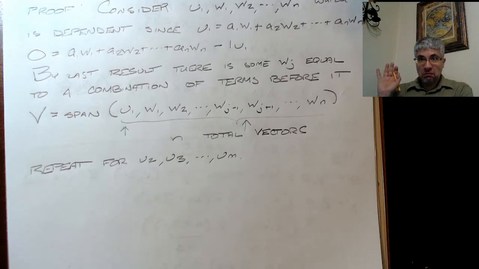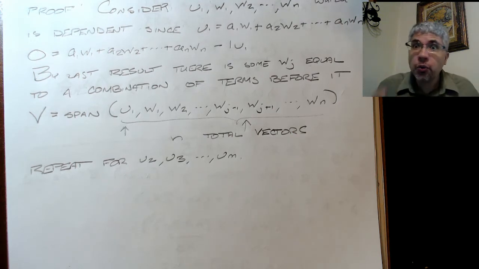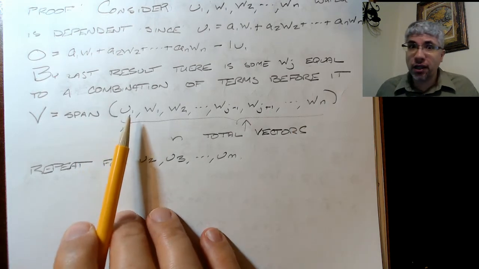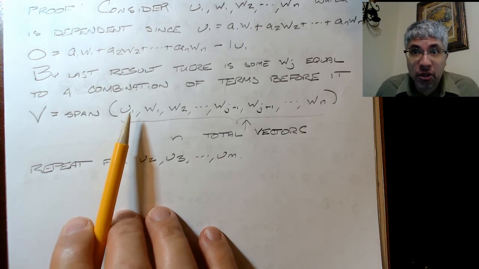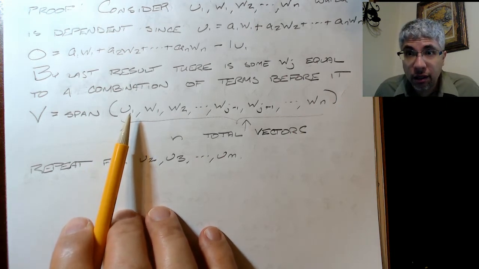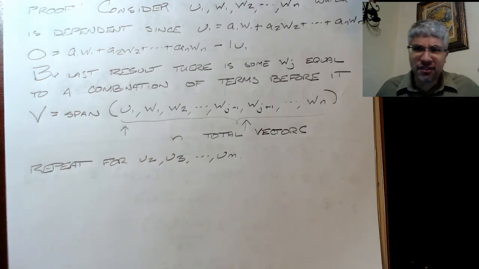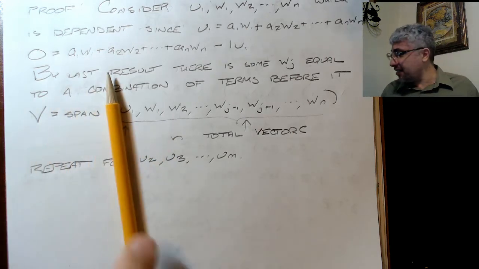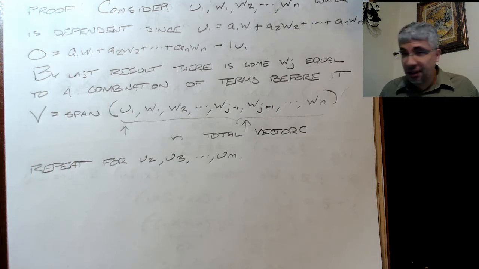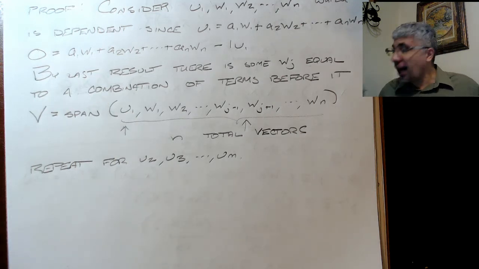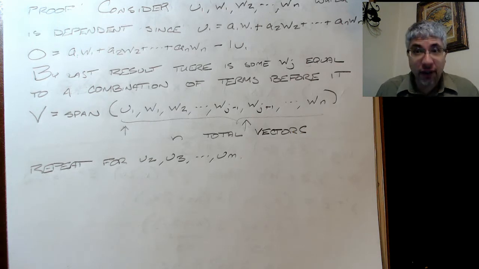Wait a second. How do we know we're going to remove a w? How do we know we're not going to remove a u if we keep doing this? It's obvious we're not going to remove the u the first time because there's only one u there. But let's say there are hundreds of vectors in both of these lists, and once I get to vector number 576, how do I know I'm not going to get rid of u576?